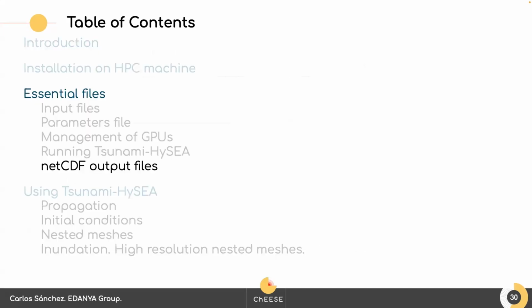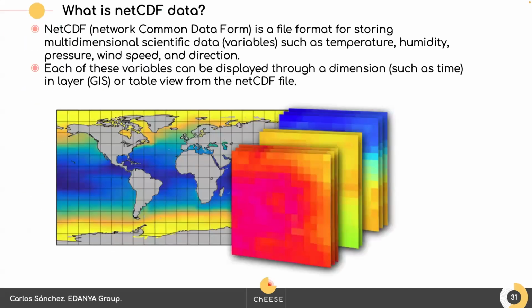So what about the outputs? Well, after the simulation ends, we will obtain these netCDF output files. NetCDF is the Network Common Data Form. It's a file format for storing multidimensional scientific data, such as water height, velocity, momentum, temperature, humidity, pressure, etc., or, in our case, data related to the tsunami outputs.